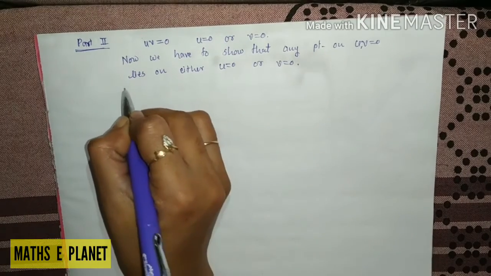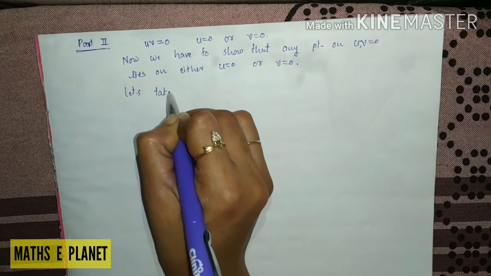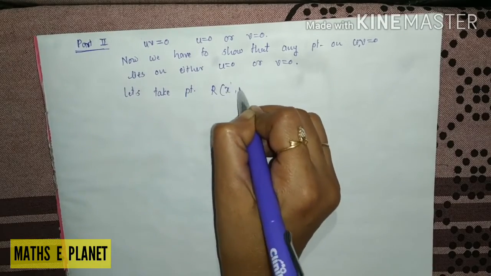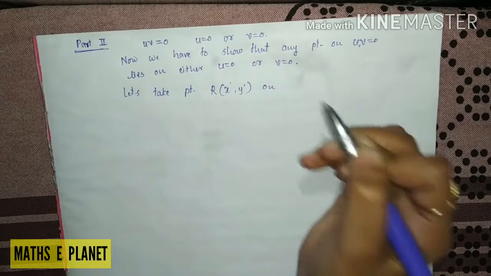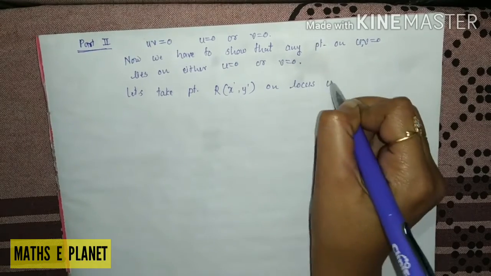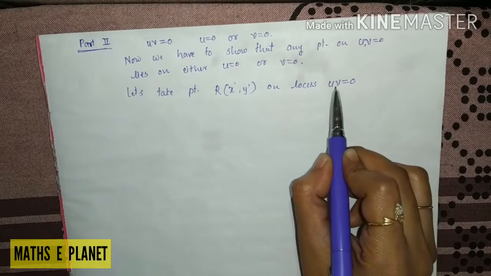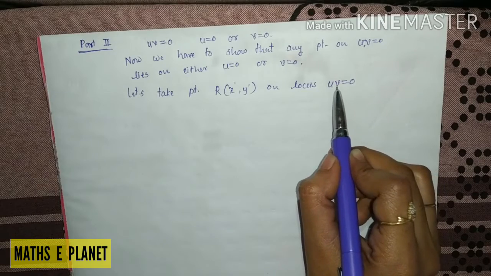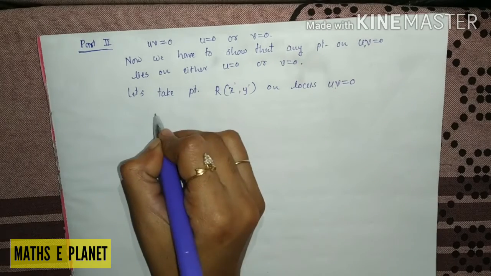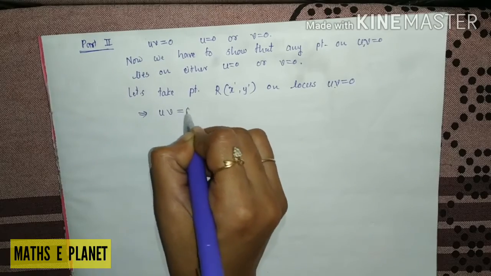So let's take a point R, x dash y dash, on locus u into v is equal to 0. If the point R lies on this locus, then obviously it will satisfy the equation. So we can say that u into v is equal to 0.